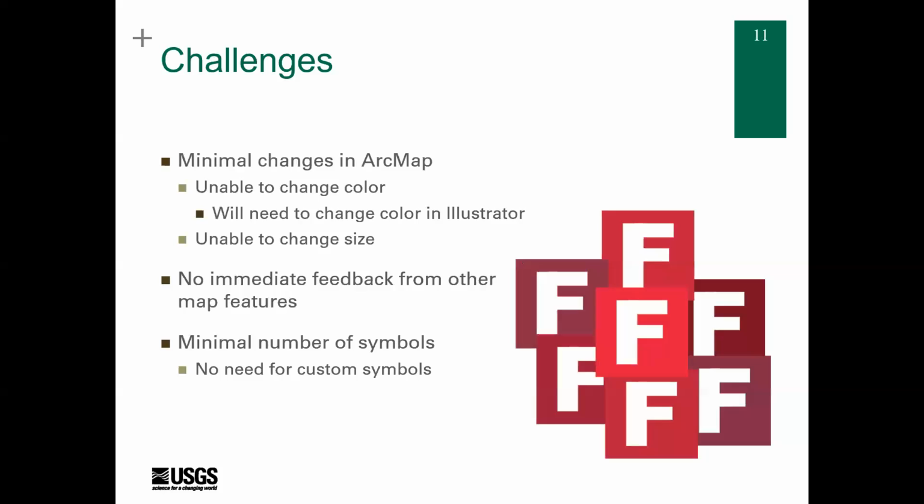The only solution is to change the color in Illustrator, re-export it, and import it back into ArcMap. If you have to do this many times, it can get a bit tedious, but I still think it's a much more efficient way for custom symbology to design your symbols in Illustrator. And I'll discuss a possible solution, which is what I use, on the next slide.